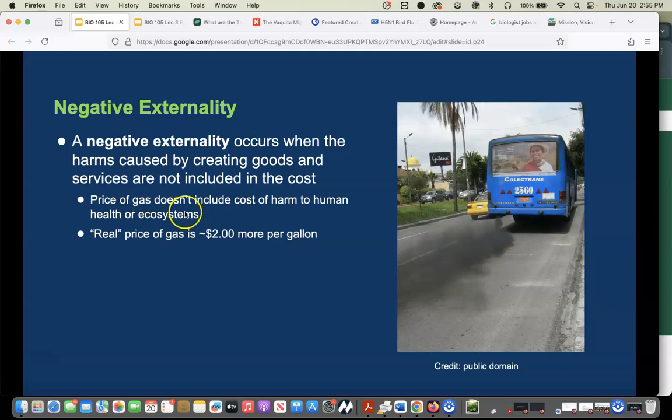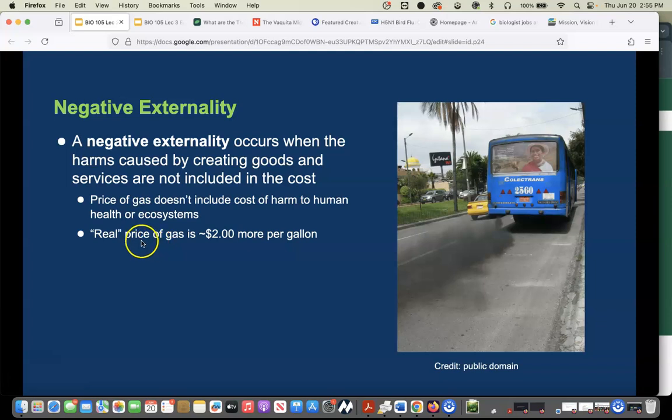So for example, the price of gas doesn't include the cost of harm to human health by air pollution, right? Or the pollution that occurs to actually get that resource. When we're harvesting that resource, we're doing harm to the environment as well, and harming our ecosystems and the ecosystem services that can be provided by those ecosystems.